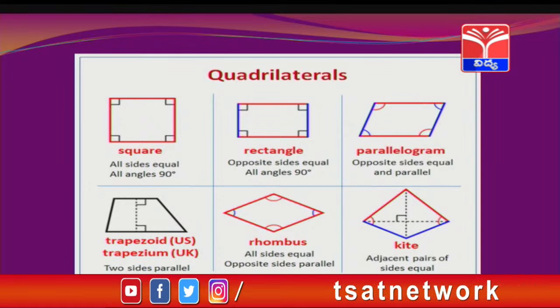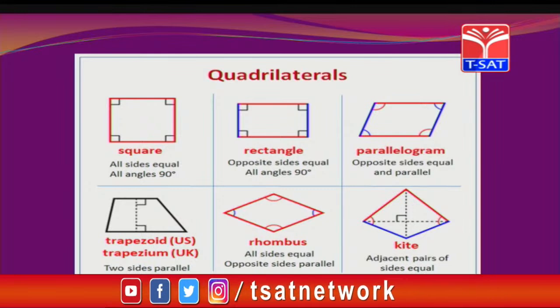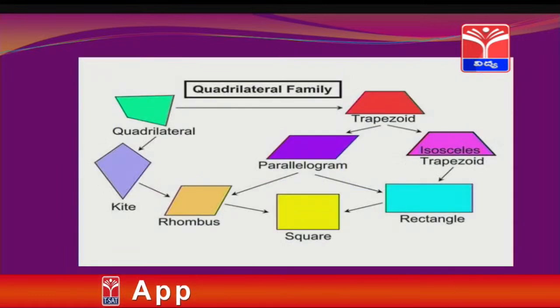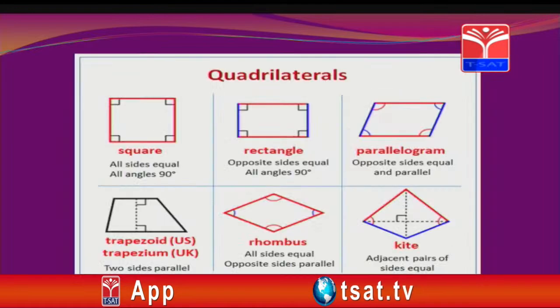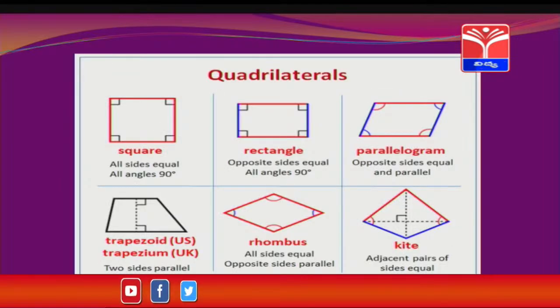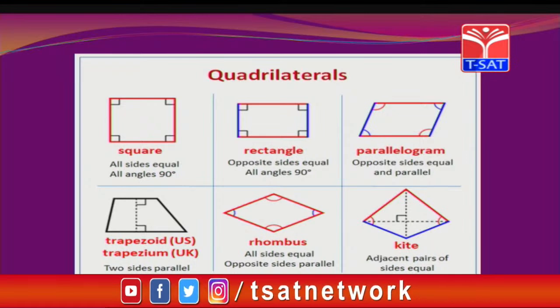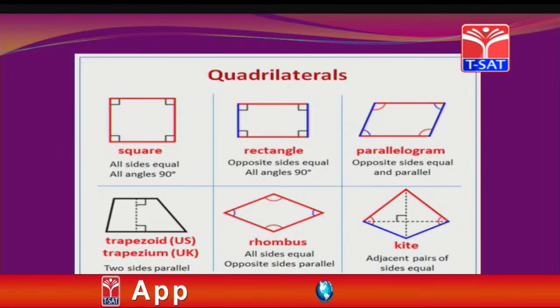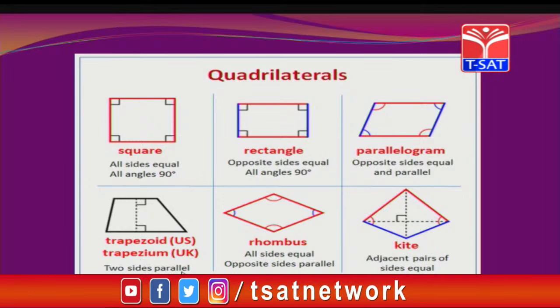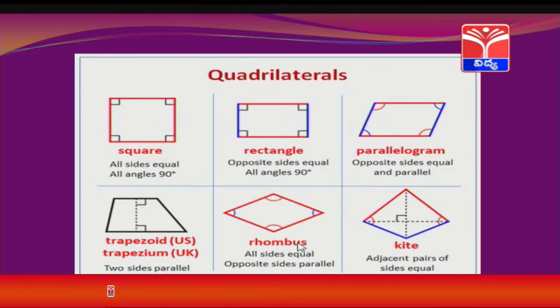Now let us discuss the different quadrilaterals. Here you might have come across the family of quadrilaterals. A square is a quadrilateral with all equal sides and right angles. A rectangle has opposite sides equal and all angles 90 degrees. A parallelogram has opposite sides equal and parallel. This is a trapezium, which has two sides parallel. A rhombus has opposite sides parallel and equal.